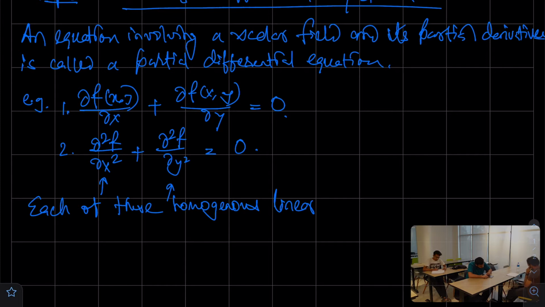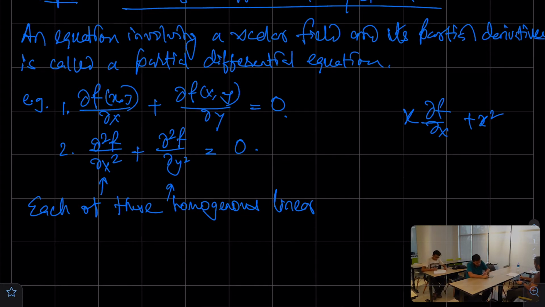Linear because, why is it linear? Can you please say why it's linear? Because the dependent variable has power 1 at the highest derivative. You do not have terms like this. No, we can have these kinds of terms because they are independent variables. Who are the independent variables? X and Y are independent variables, right?